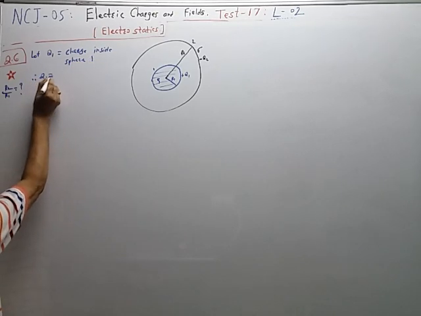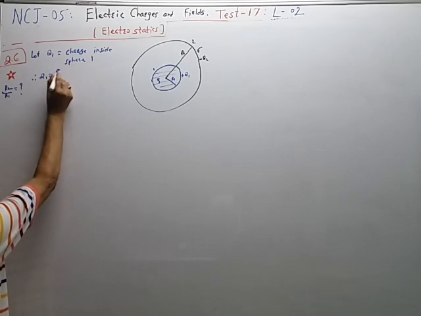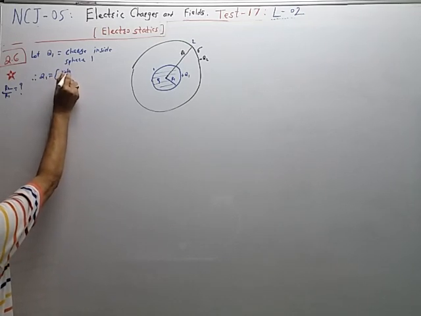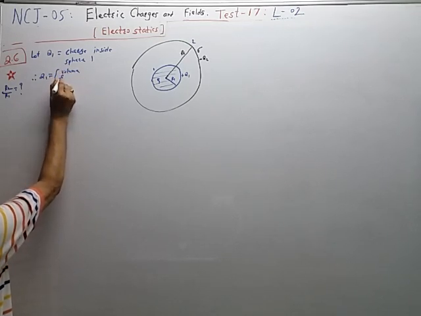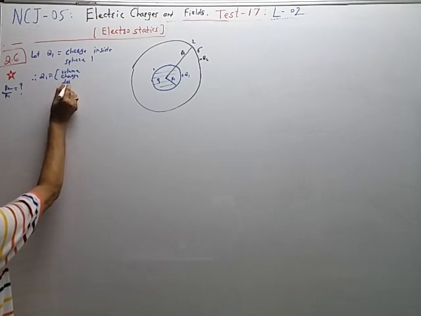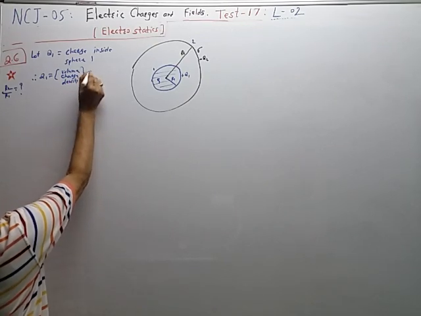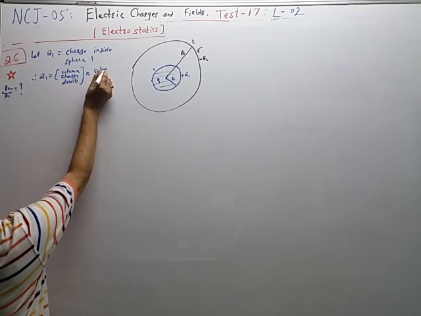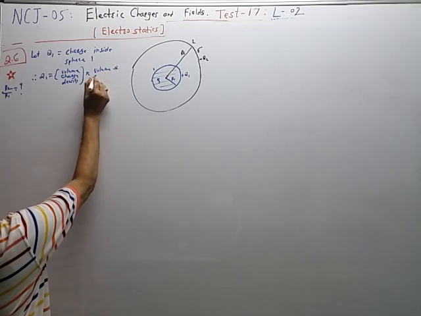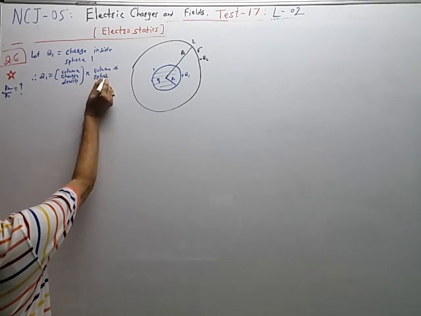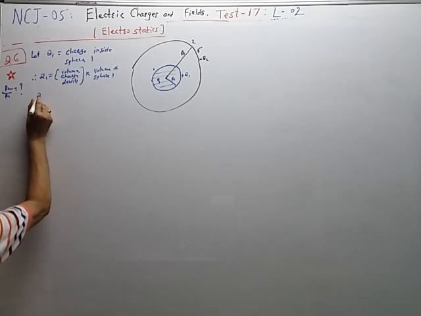Therefore, q1 is equal to volume charge density multiplied by volume of the sphere 1.